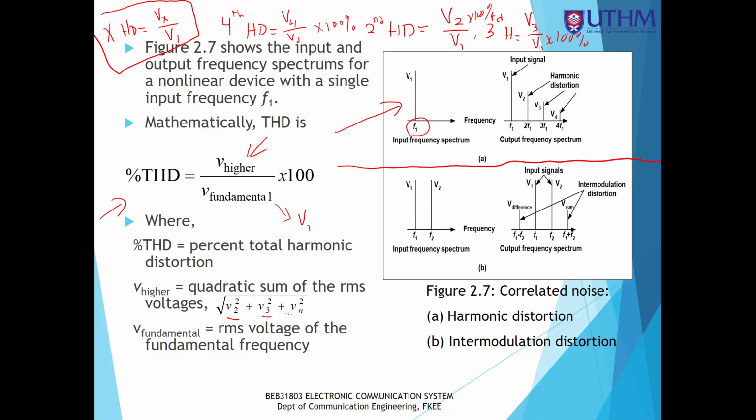So the quadratic summation does not involve V1, the fundamental, tidak termasuk V fundamental. And then you multiply it by 100 so that you get it in terms of percentage.